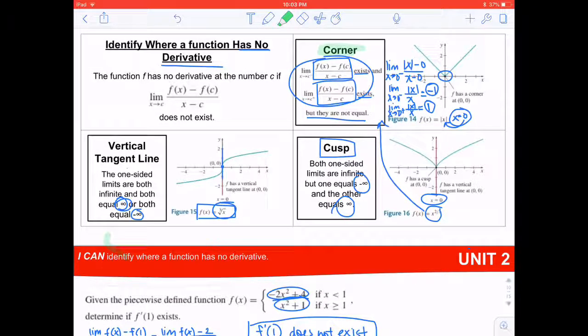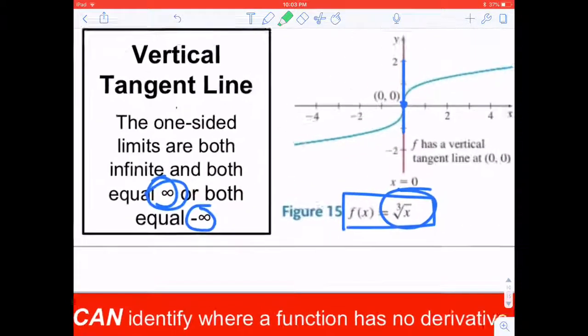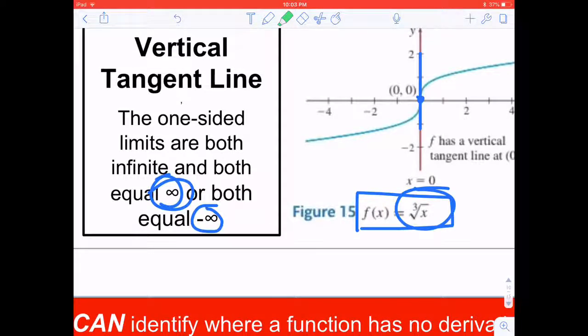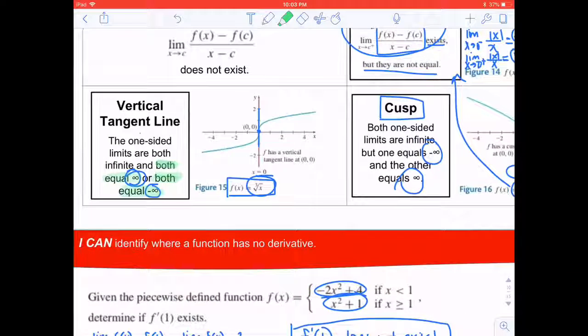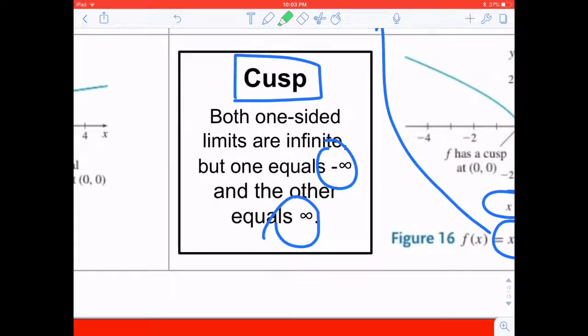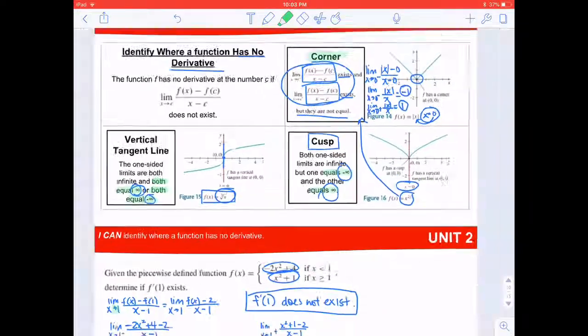To have a vertical tangent line, both sides are going to equal positive infinity, or they're going to equal negative infinity. And the key word here is both. Whereas for the cusp, we know that there's a cusp if one side of the limit equals negative infinity and the other equals positive infinity.